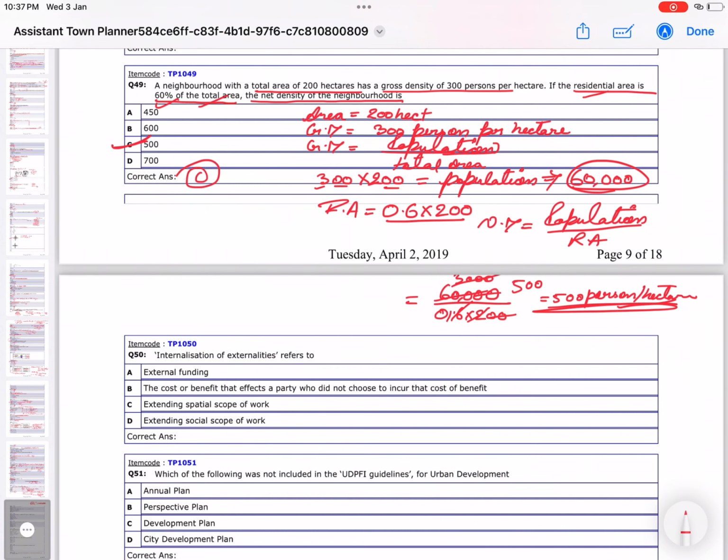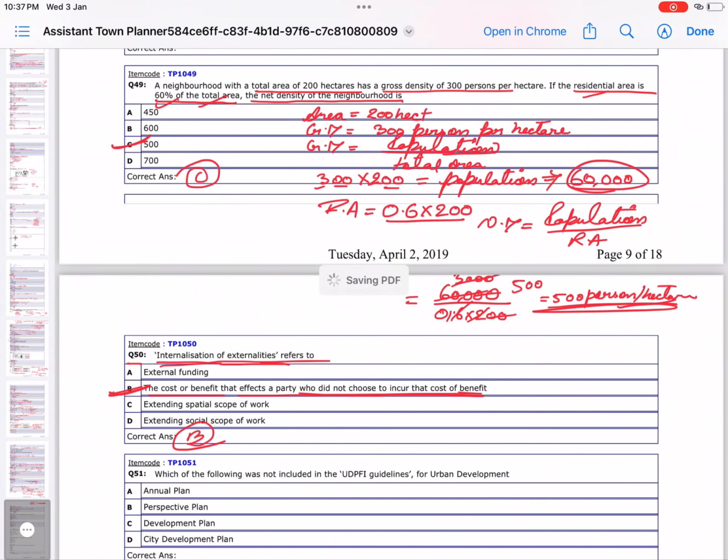Question number 50. Internalization of externalities refers to the cost or the benefit that affects a party who did not choose to incur the cost or benefit. Now question number 51.